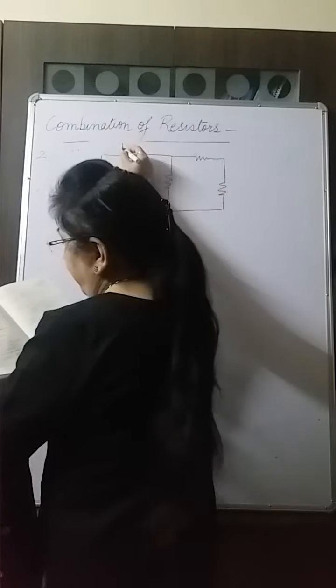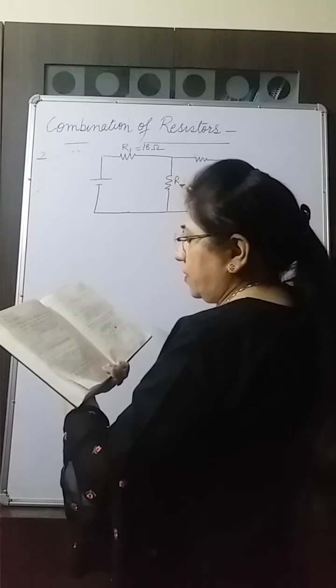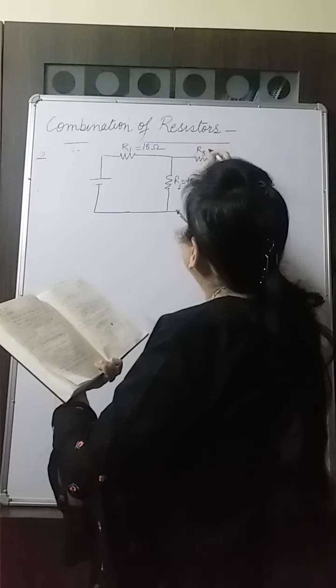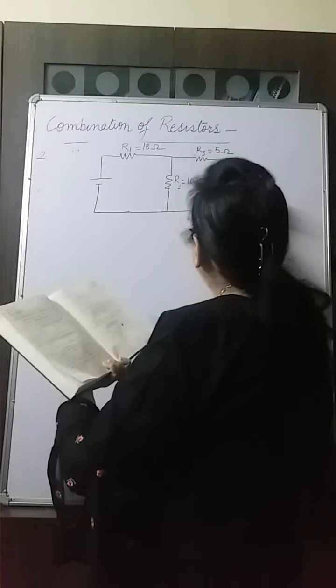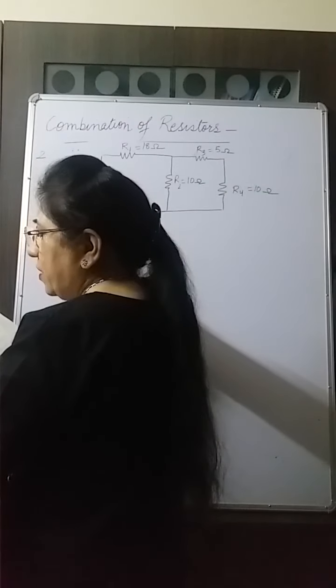Here we have 4 resistors, R1 18 ohm, R2 as 10 ohm, R3 as 5 ohm and R4 as 10 ohm connected to a battery of 60 volts.